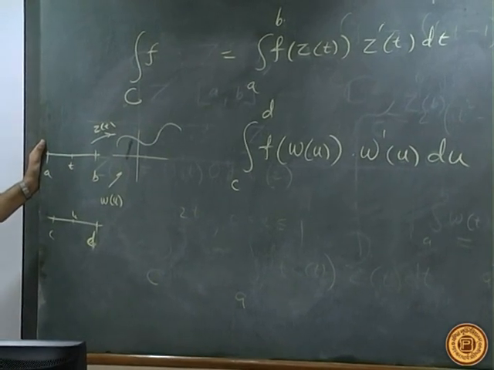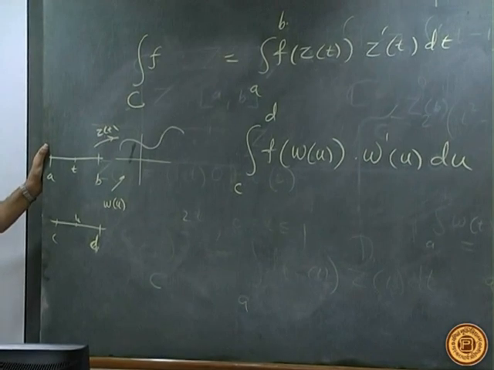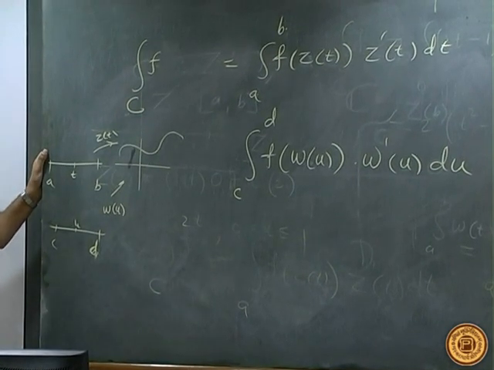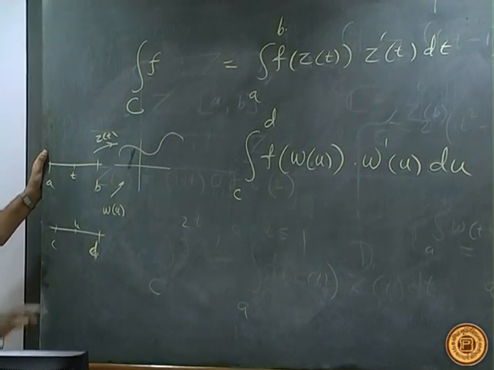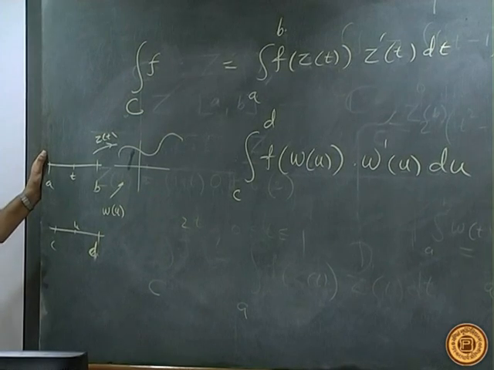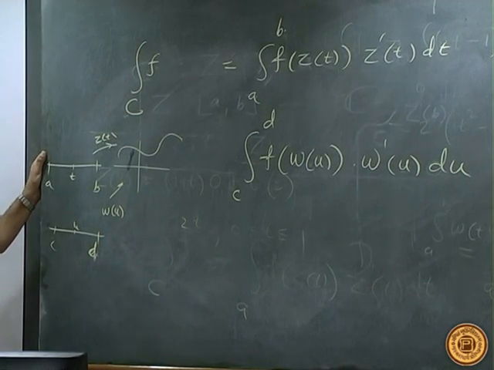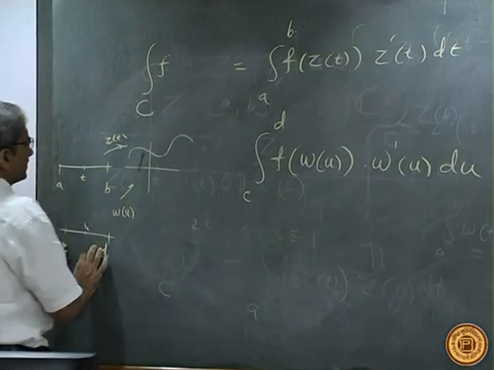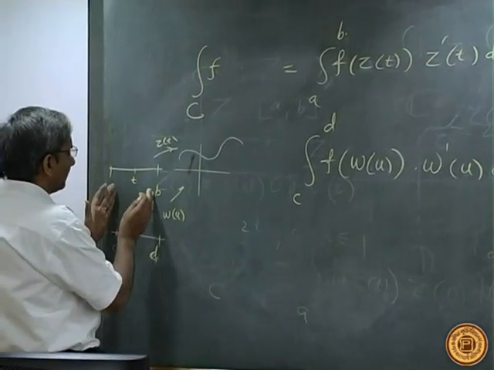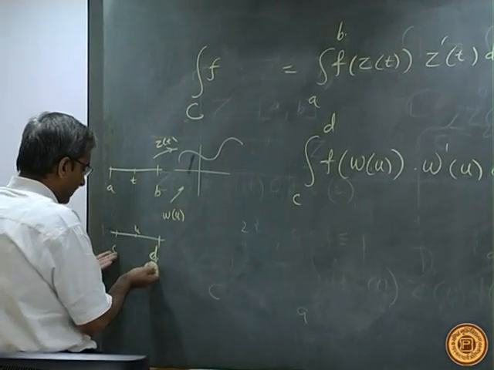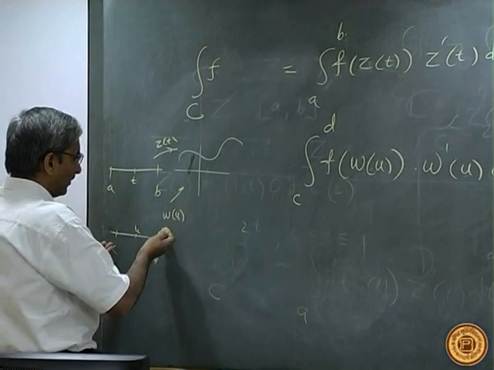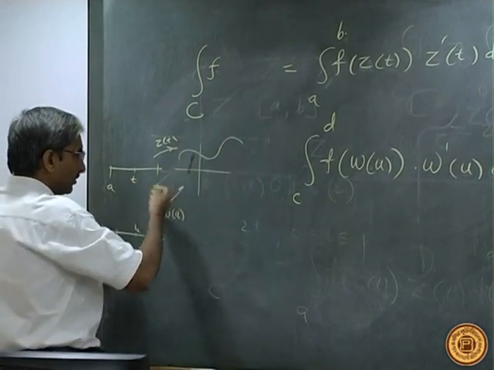Suppose only the curve is given, say a semicircle or a parabola. We may use two different parameterizations. Somebody may take this interval, somebody else may take the other interval, and the function used to describe the same curve will be different.